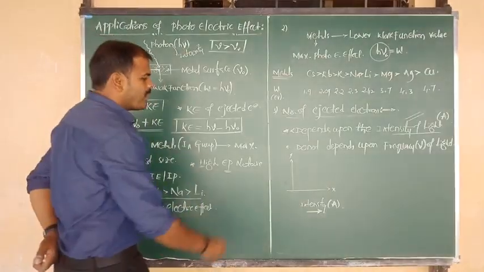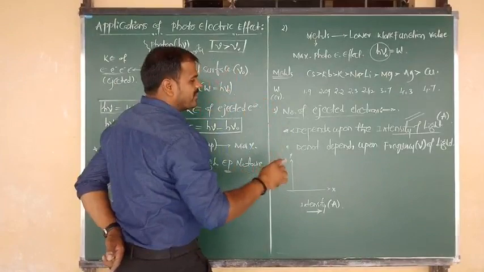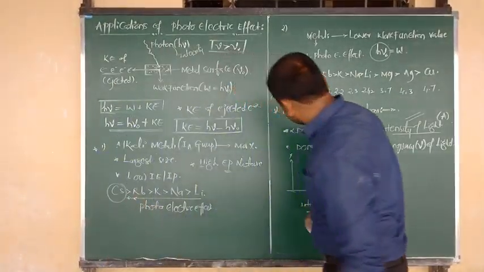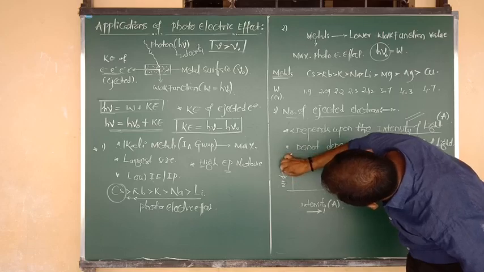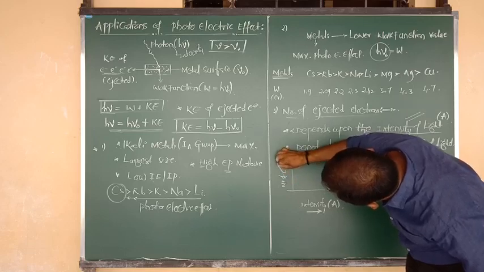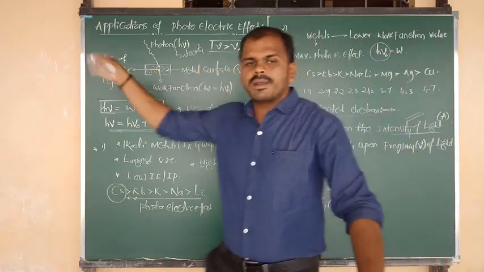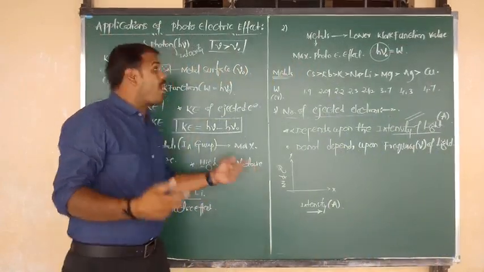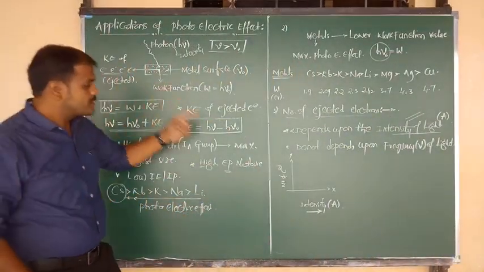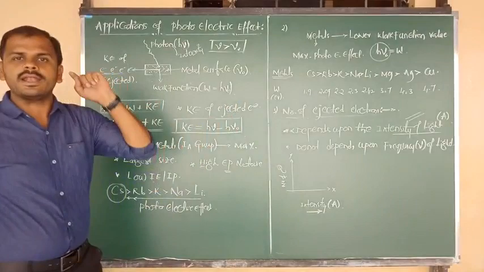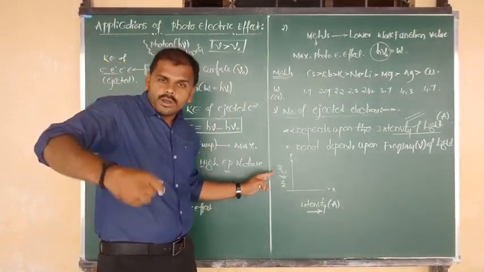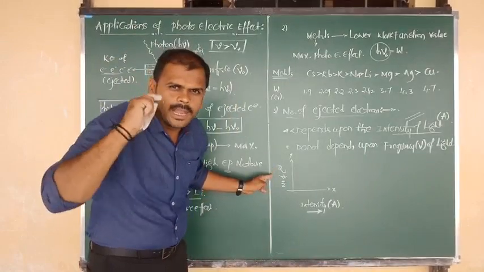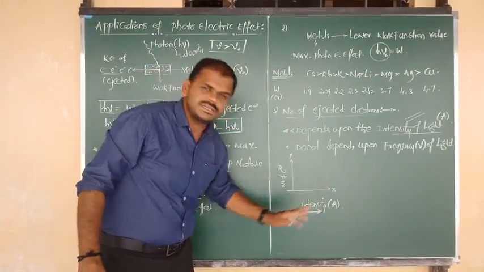And on the y dimension I am going to write the number of ejected electrons. The flow of electrons is current, so we can also write electron current here. The number of ejected electrons or flow of electrons depends upon, or is directly proportional to, the intensity of the light.